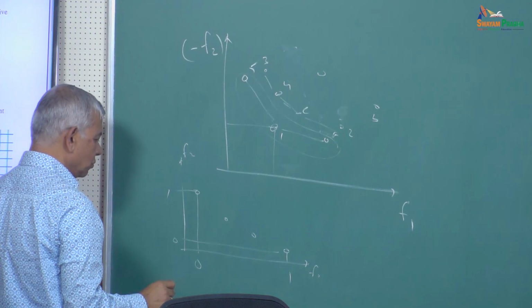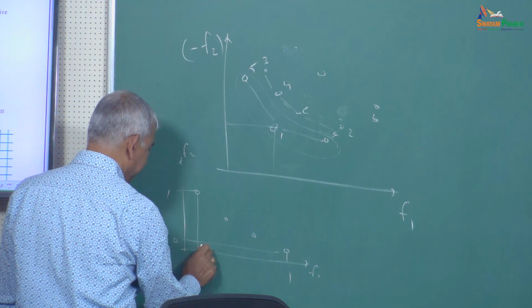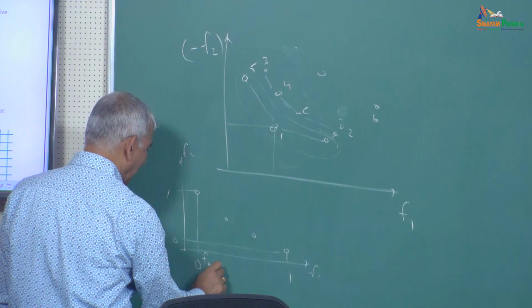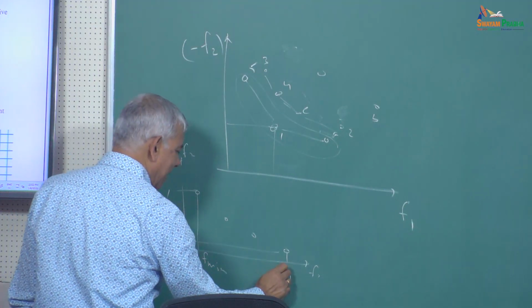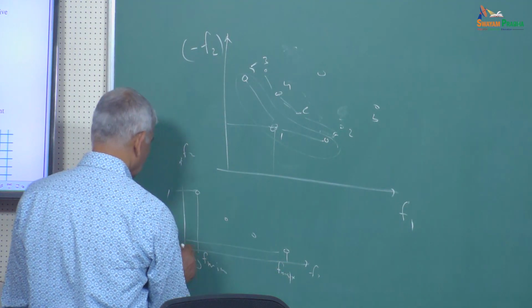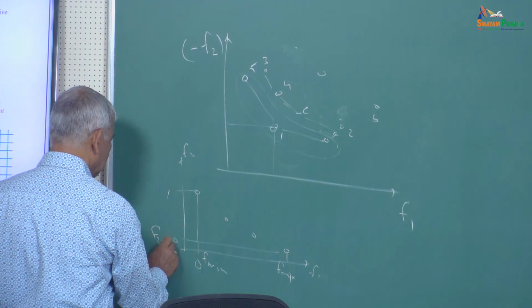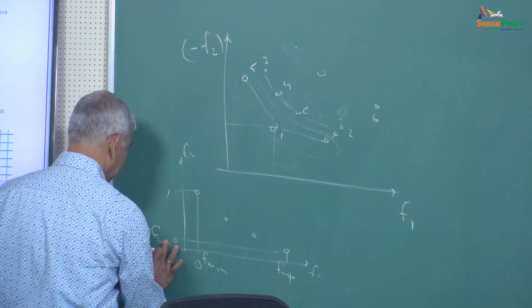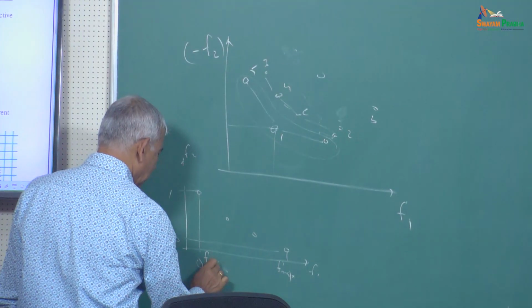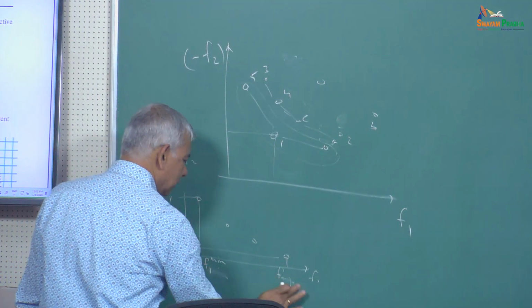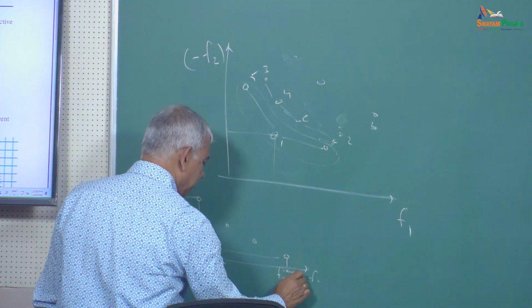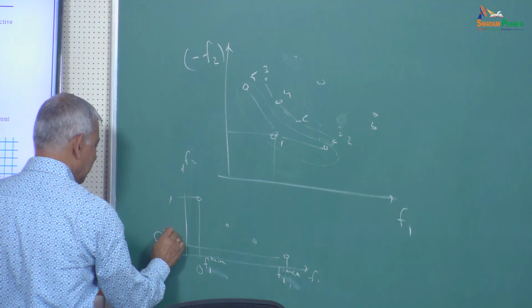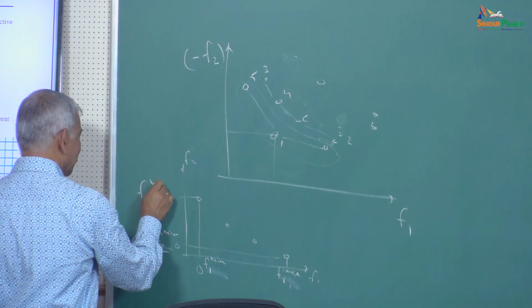Somebody asked me how to do this. Find out the minimum value for f1, the maximum value for f1, the minimum value for f2 and the maximum value for f2: f1 min, f1 max, f2 min, f2 max.